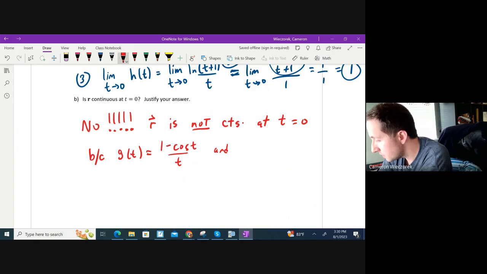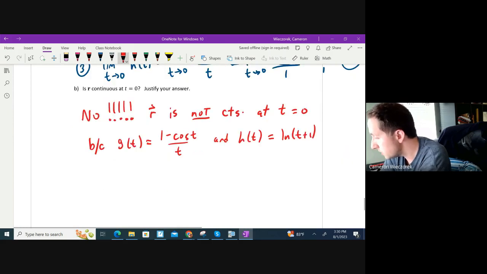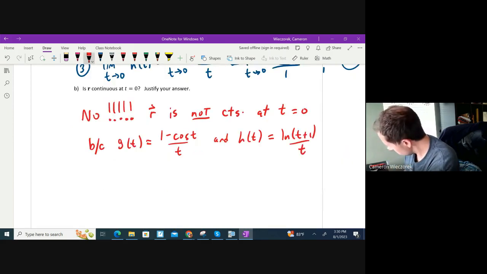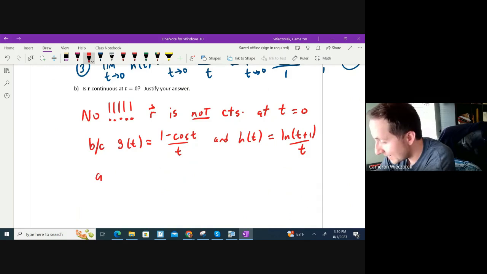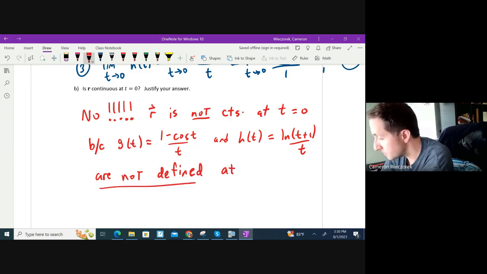And h of t equals natural log, I think it was natural log t plus 1 over t. Yeah, natural log t plus 1 over t. Are not defined. Where? They're defined in some places, but they're not defined at t equals 0.